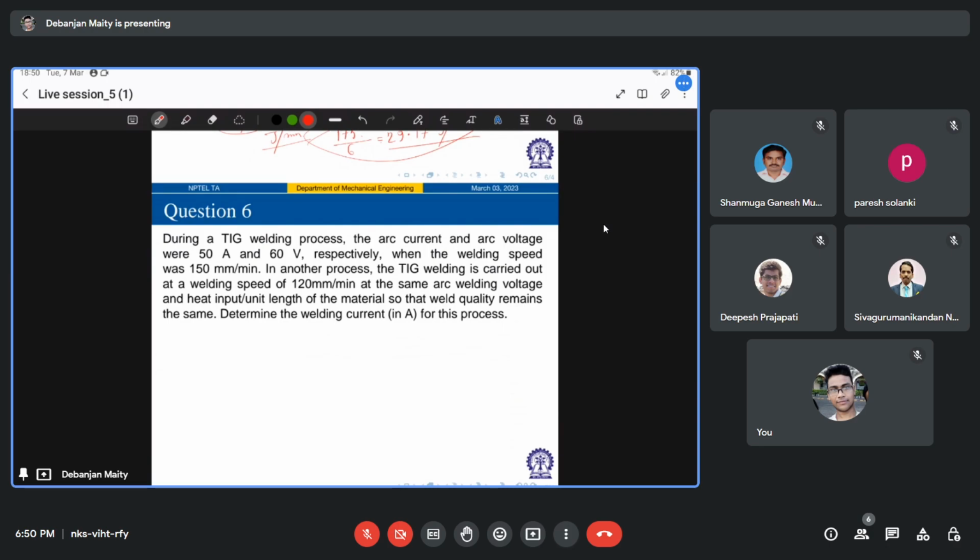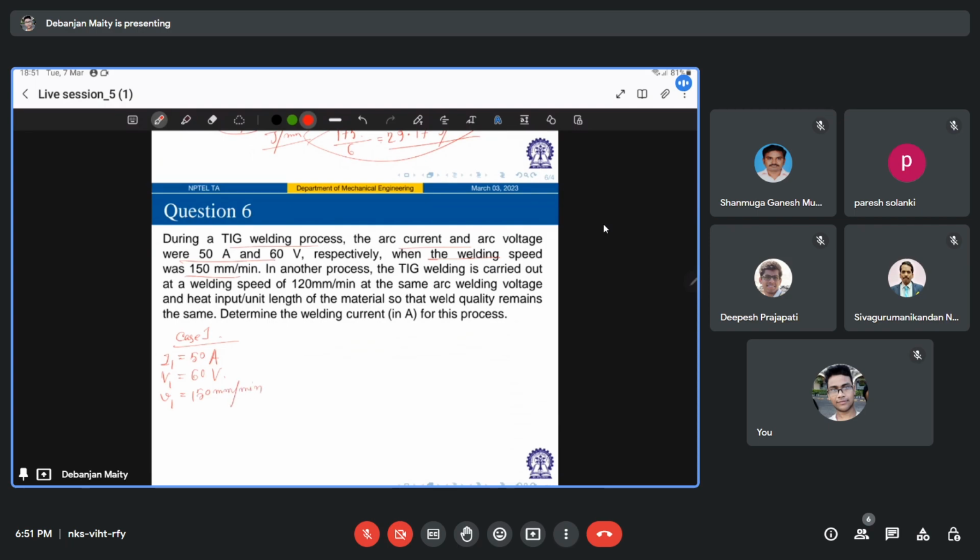In the next question, it says that you have some TIG welding process where your arc current and arc voltage are provided as 50 ampere and 60 volt. For case one, you have I1 as 50 ampere, V1 as 60 volt, and velocity is 150 per minute.